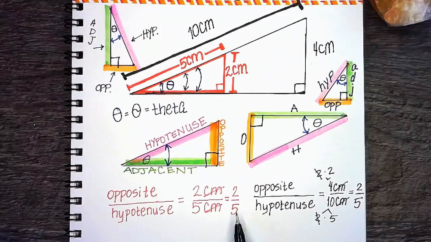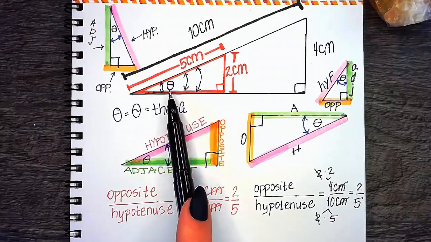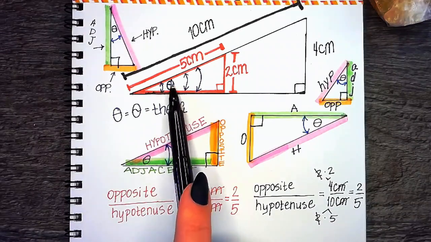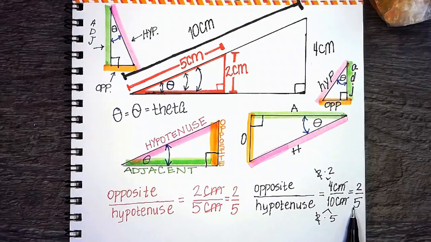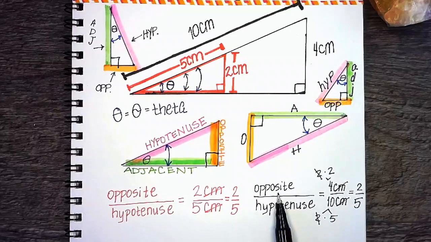The fact that these triangles, although similar and not congruent, both have the same ratio tells us that the angle where we started, its measurement should be the same for both triangles because they both have the same ratio of opposite to hypotenuse.